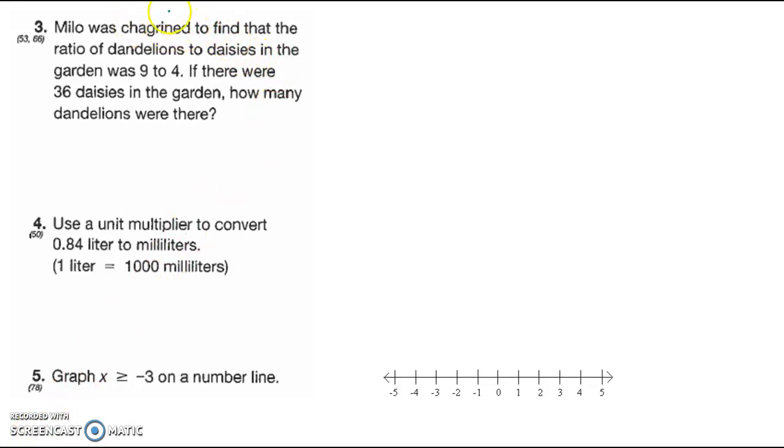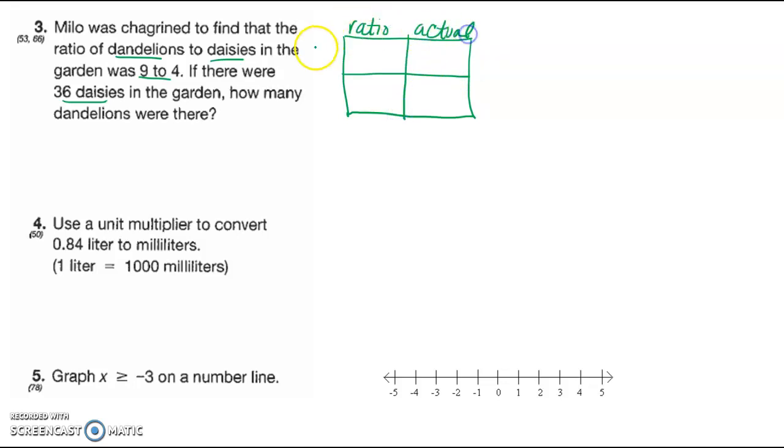Okay, Milo was chagrined to find the ratio of dandelions to daisies was 9-4. If there were 36 daisies, how many dandelions? So we don't need a total row on this one. We just need daisies and dandelions, ratio, actual. So the ratio of dandelions to daisies is 9-4. 36 daisies.